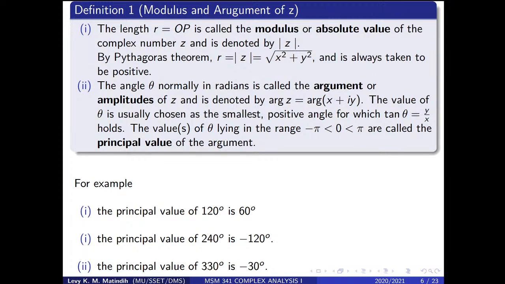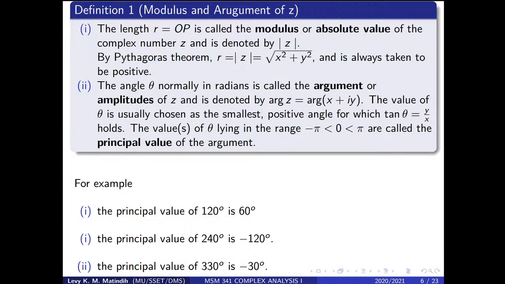This angle theta, which the given complex number makes with respect to the positive real axis, we call the argument, with a small letter a, or amplitude of the complex number Z. In notation form, we use the symbol arg Z, which means the argument of the complex number Z.